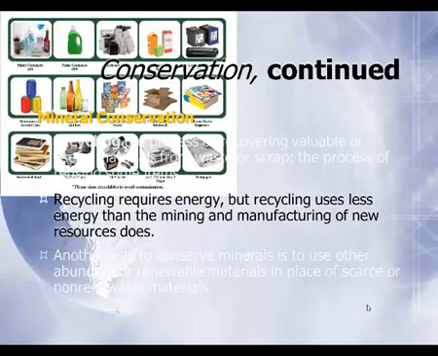Here are some pictures of some different things that are commonly recycled. Aluminum cans we're probably most familiar with, or glass cans, but you can also recycle boxes, magazines, ink cartridges for computers, electronic equipment, newspapers, books, and many other things.